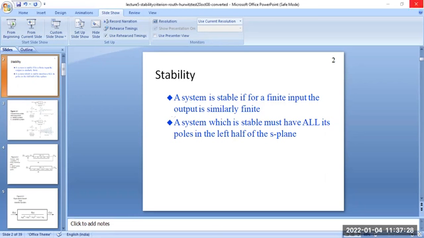From this point of view, we classify stability into three categories: first, stable system; second, sustained oscillations or marginally stable; and third, unstable. These depend on the time response and the location of the roots of the characteristic equation. Is it clear, all of you?